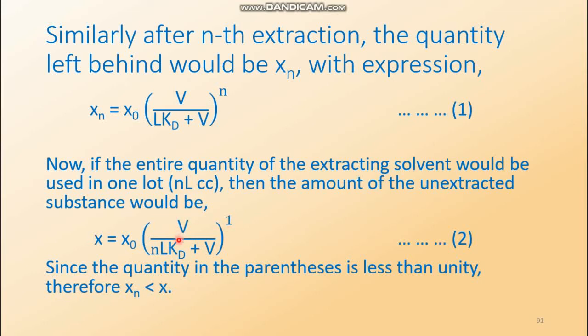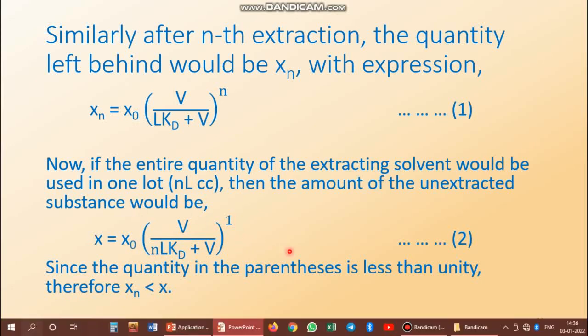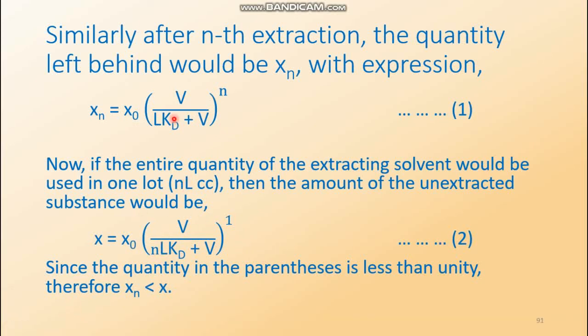Whatever the value of the denominator, maybe V is added with some large value, instead of L K_D you are adding nL K_D, but still, however large the denominator, the second power multiplication you cannot overcome. So definitely this value is greater than this value.